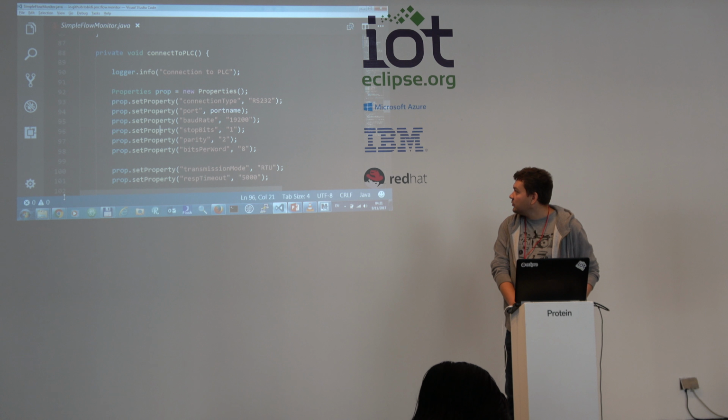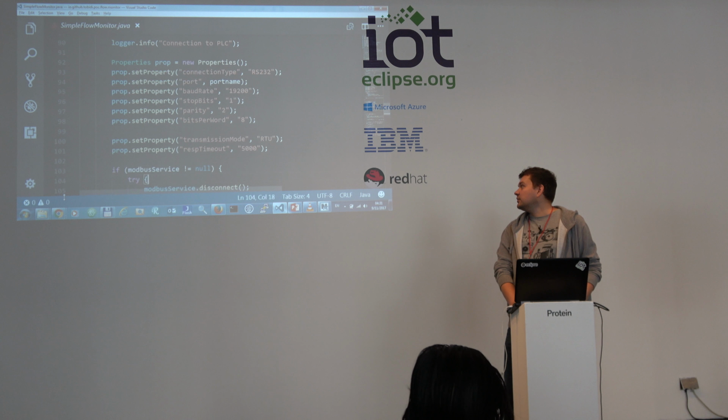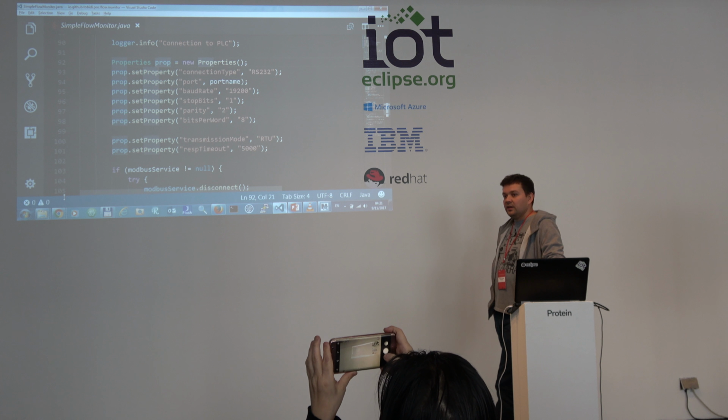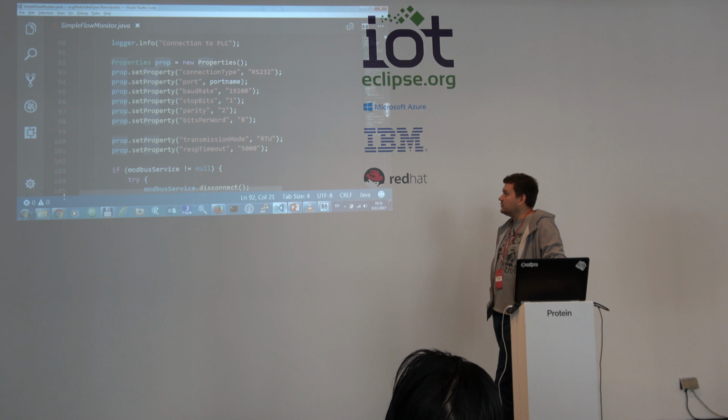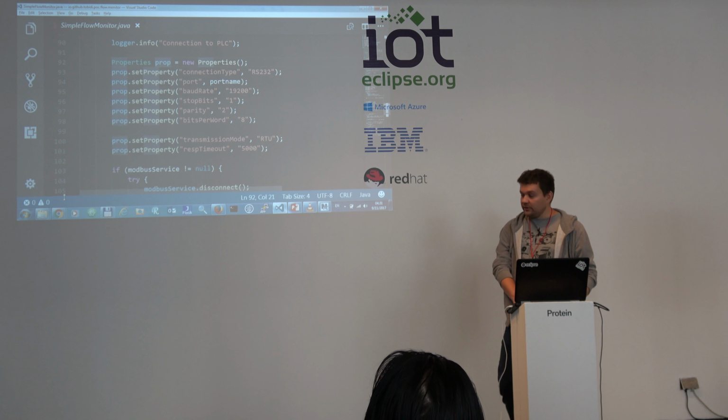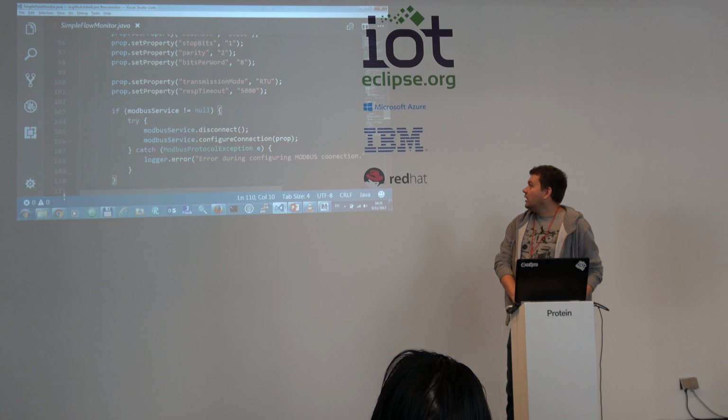In this case, I'm using a USB converter to RS485, so it is a serial connection to the PLC, and I need to set some configuration data for the serial communication. And for the Modbus service, I set the configuration, and that's all.